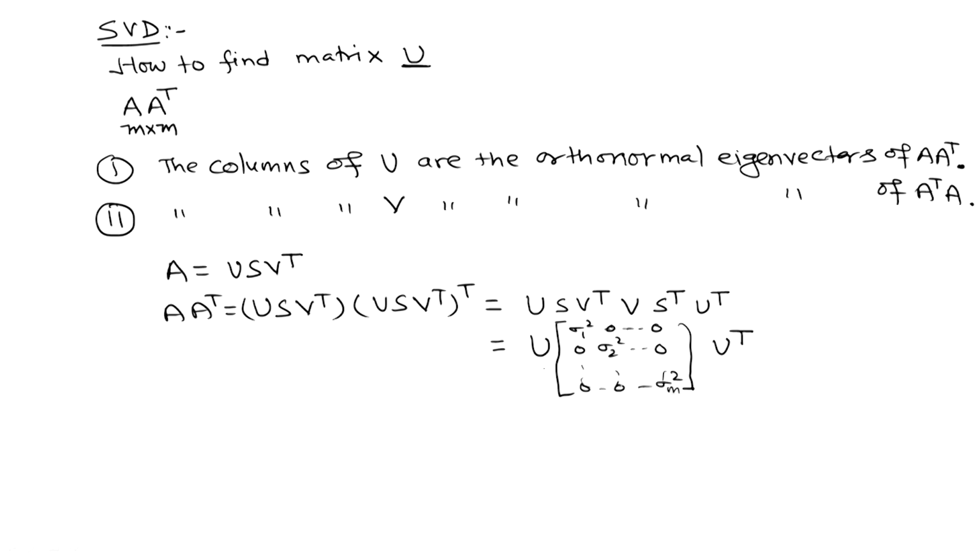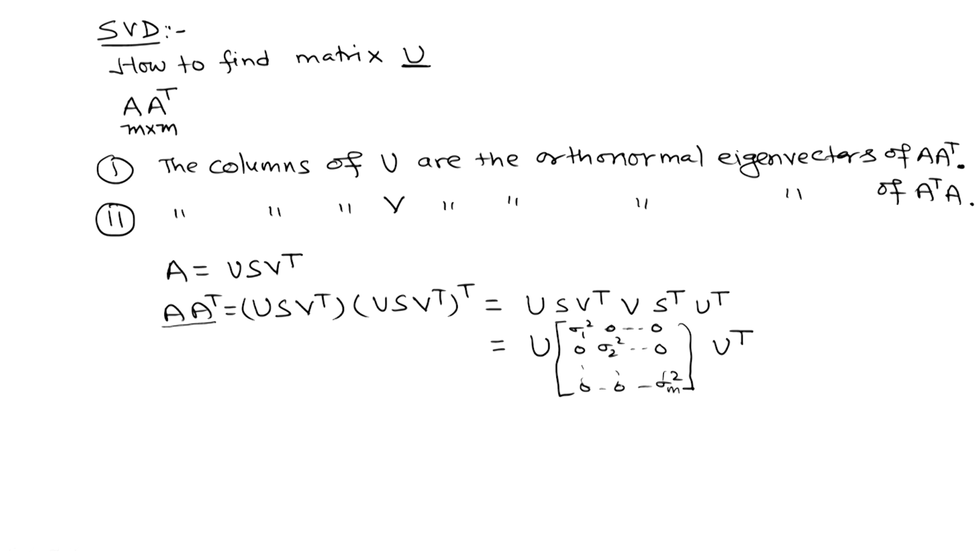So, here you can see I can write A into A transpose as U, this matrix, into U transpose. What will be the eigenvalues of A into A transpose? They will be sigma 1 square, sigma 2 square and sigma n square.